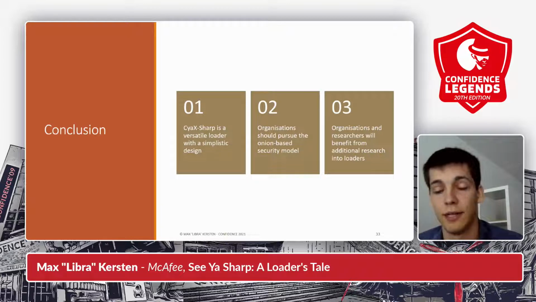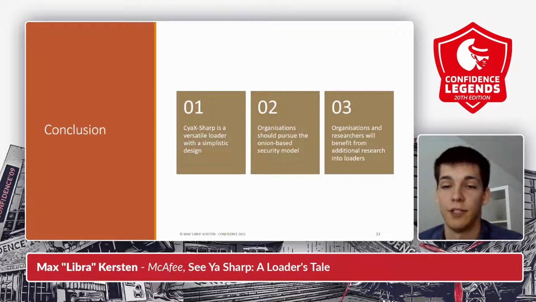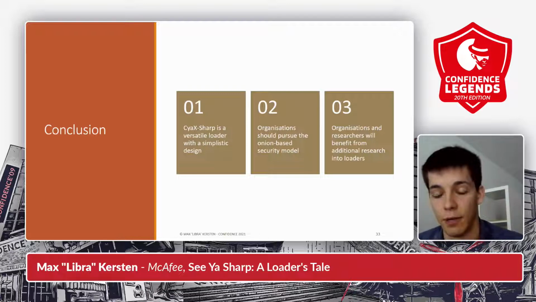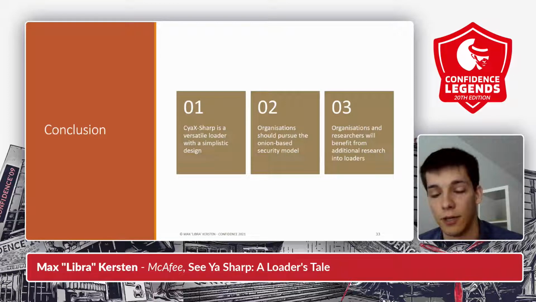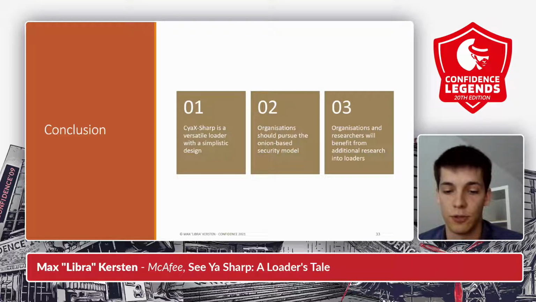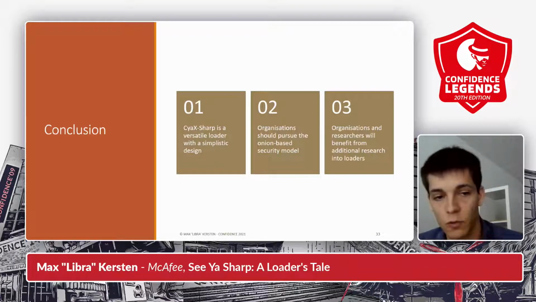However, it can be really impactful for organizations, which is why the onion model is recommended over the egg model, to stay with those analogies. And I hope the technical analysis and also the extraction segment will help other researchers and organizations to do more research into loaders, to have a clear overview of loaders, and also to work with this.